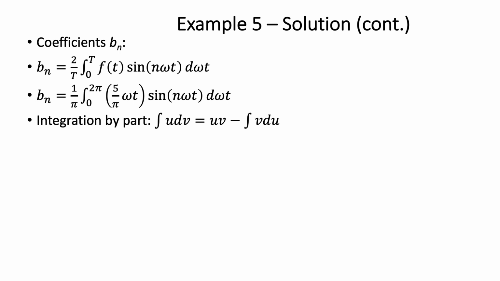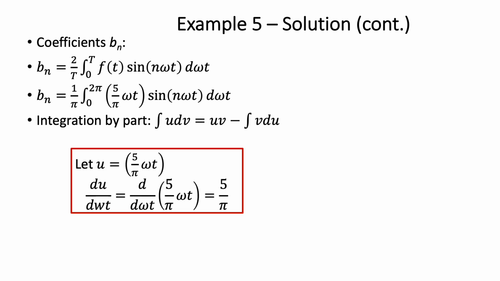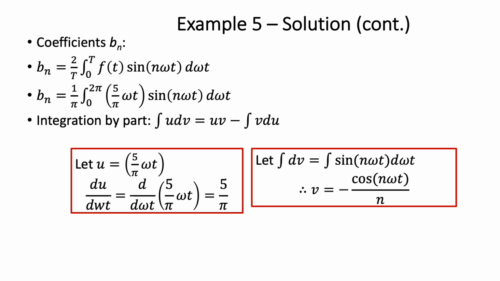We have to do integration by parts. Let u equal 5 over pi omega t. Our du over d omega t equals 5 over pi. And our integral dv equals integral sin n omega t d omega t. And therefore, v equals minus cos n omega t over n.